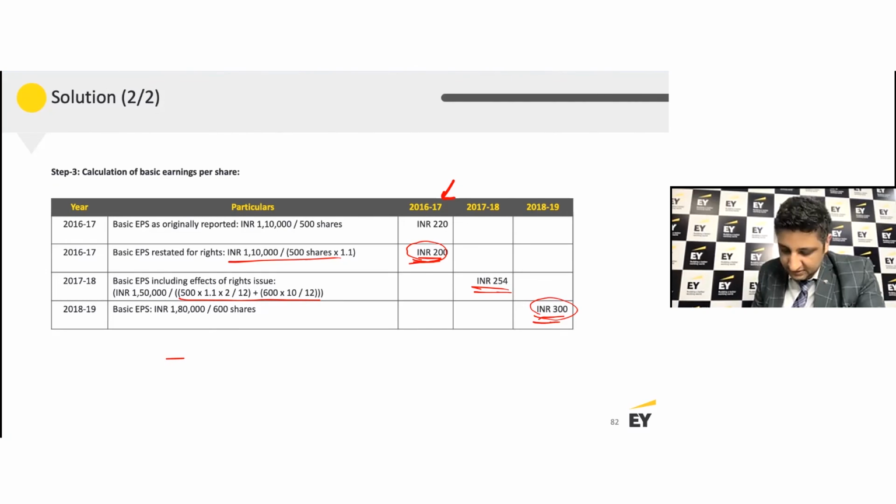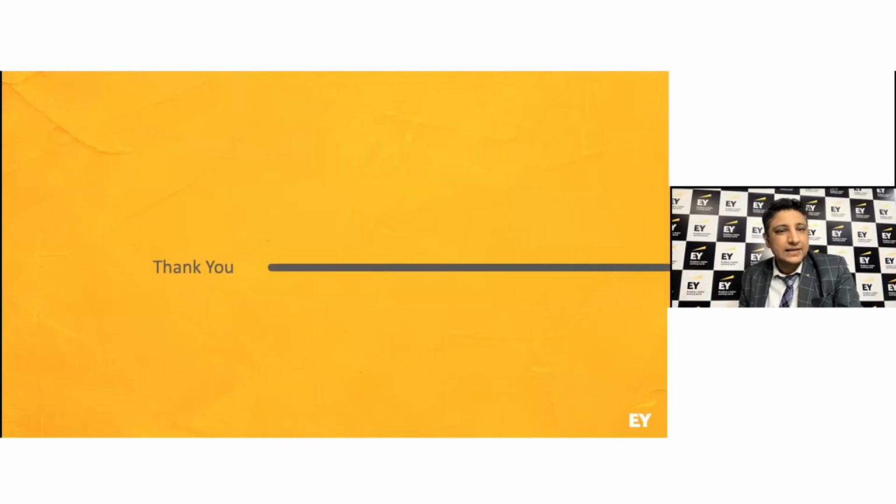Since in 2018-19, there's no change, right? So 600 shares were already in place. So we're looking at 180 by 600. And of course, we make an adjustment during the period. For 2 months, we look at 550 shares outstanding. And for the remaining 10 months, we say it is 600 shares outstanding. And accordingly, we calculate that at 254.